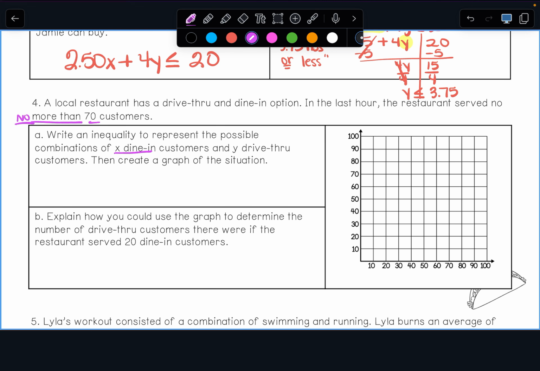X is for dine-in, Y is for drive-through. Since the X and the Y are right next to the word, I'm not going to rewrite it on the side, okay? But I know that between my dine-in and my drive-through customers, no more than, so less than or equal to, a total of 70.